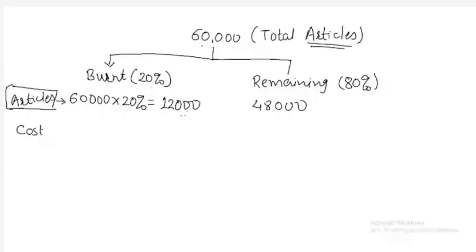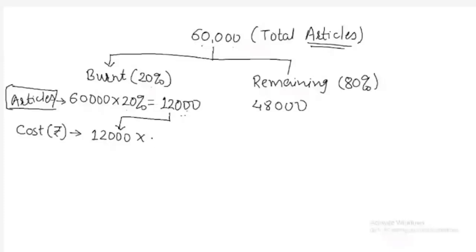Their article cost is rupees. Because we want loss amount, loss की amount चाहिए. कितना यहाँ पे? ये 12,000 है, into what is the rate? ये 12,000 इधर से लिया, into rate.